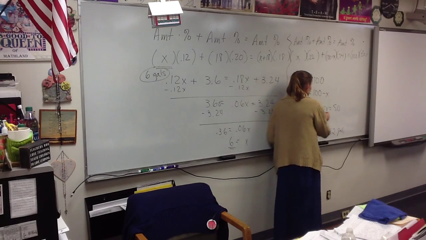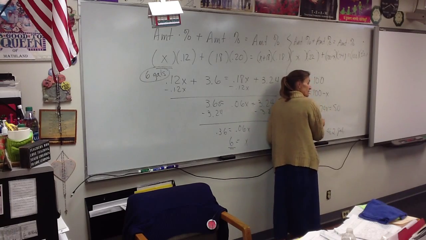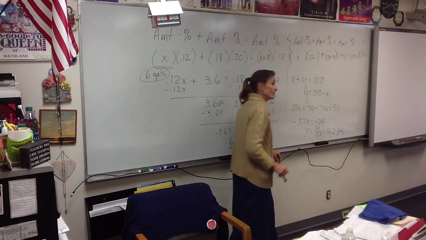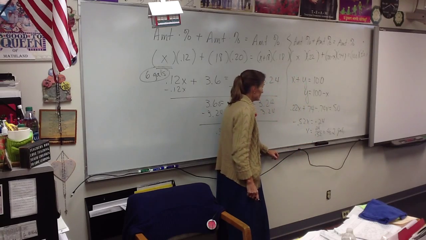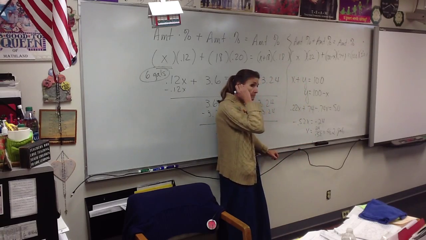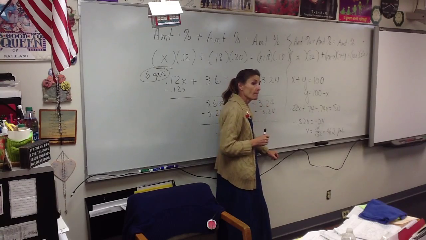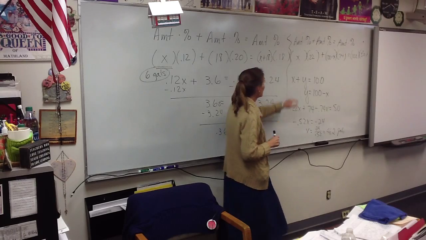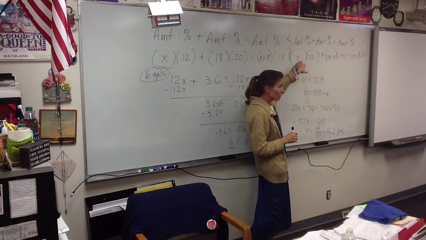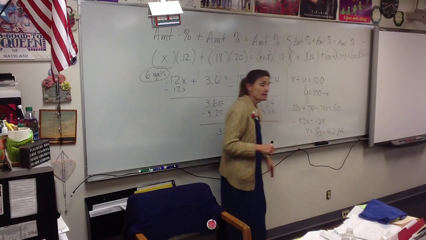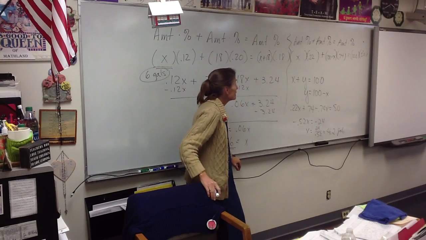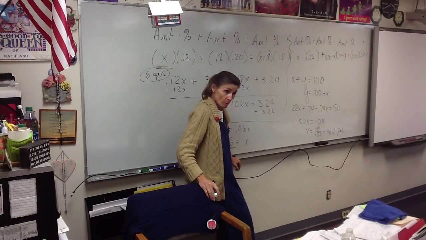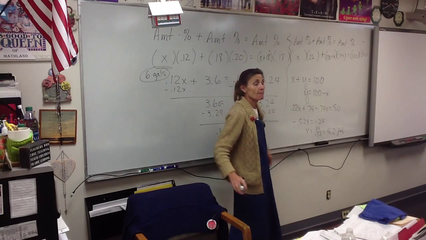And then I subtracted the 74 to the other side because I'm solving that equation. Nope. The question said how much 22% solution, so X is the answer. Yeah. Now, if it said how much 74% solution, then I would have to plug that back in.